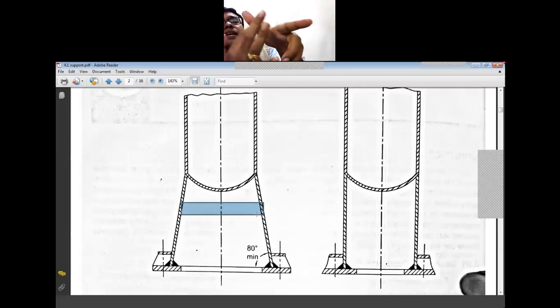This area you can see, the pi d is this area into the thickness on which the load is going to act. So this is the supported or balancing weight, total weight of the vessel and its content which is acting on this support. It has to be balanced by the thickness and the circumference of the vessel.